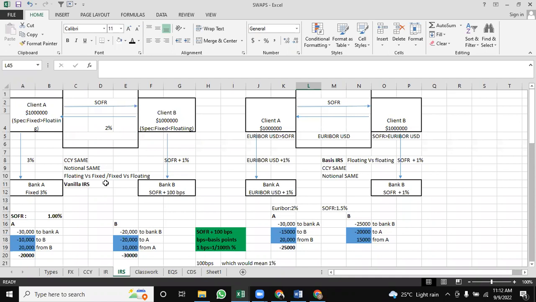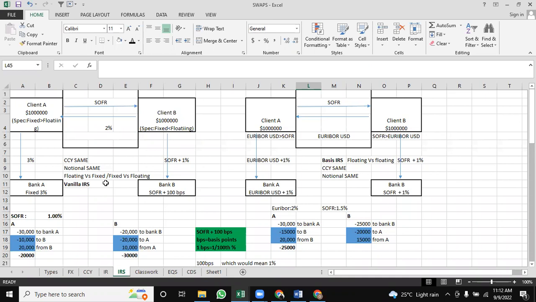I, as a company, borrowed $10 million from my bank at SOFR plus 2%. In order to reduce my risk, I enter into an interest rate swap agreement with the swaps bank where I would receive probably SOFR plus 1% from the swaps bank and I'd pay him a fixed.